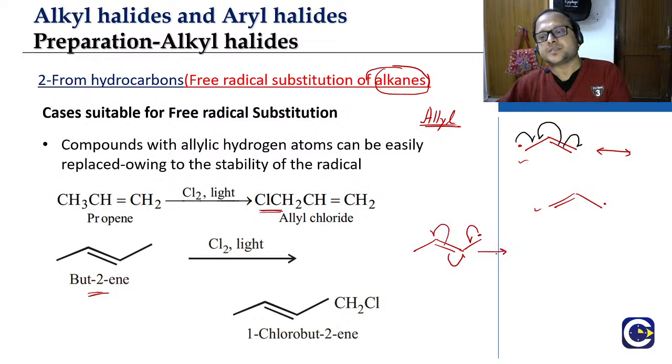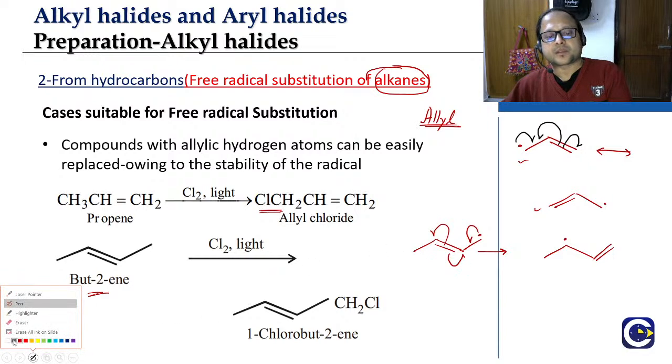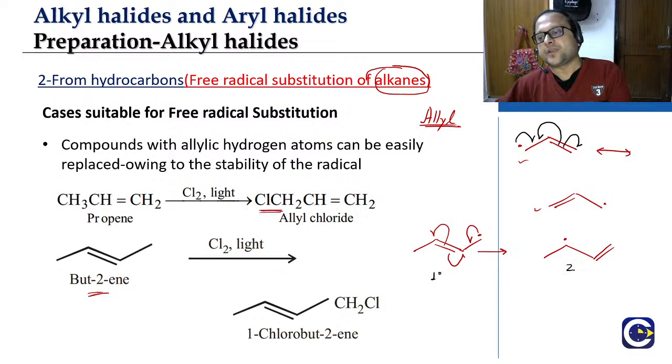So the resonance part that you get from here is this, the other canonical form. And you can see that this was initially a primary free radical, while this is a secondary free radical, right?